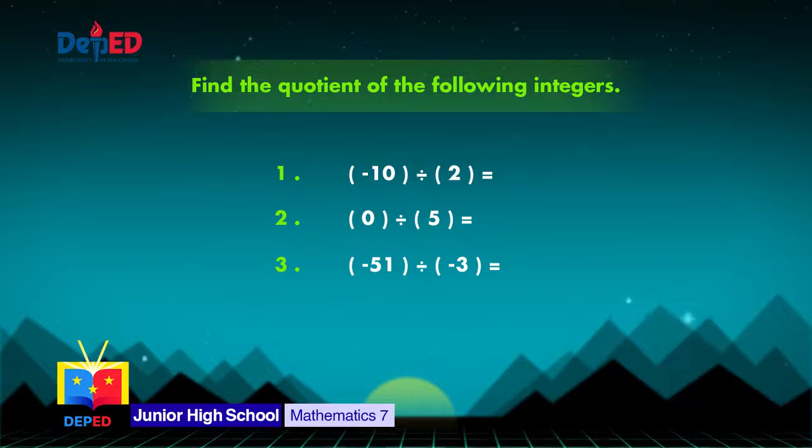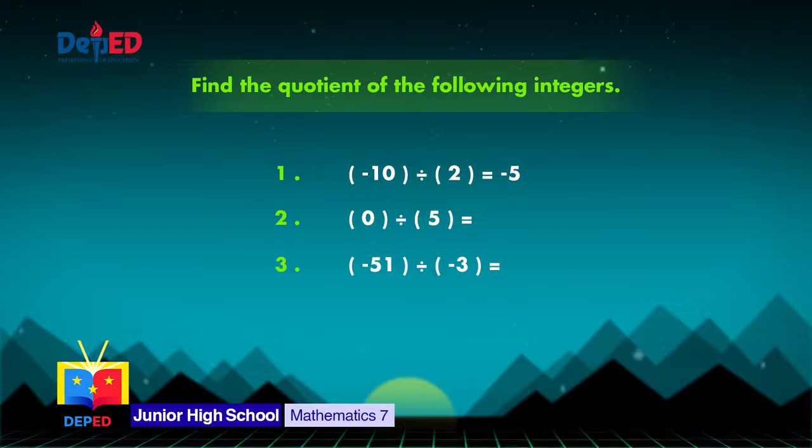Number 1, negative 10 divided by 2. 10 is negative and 2 is positive. So they have different signs, which means the quotient is negative 5. Next, 0 divided by 5. 0 divided by any non-zero number is always 0.